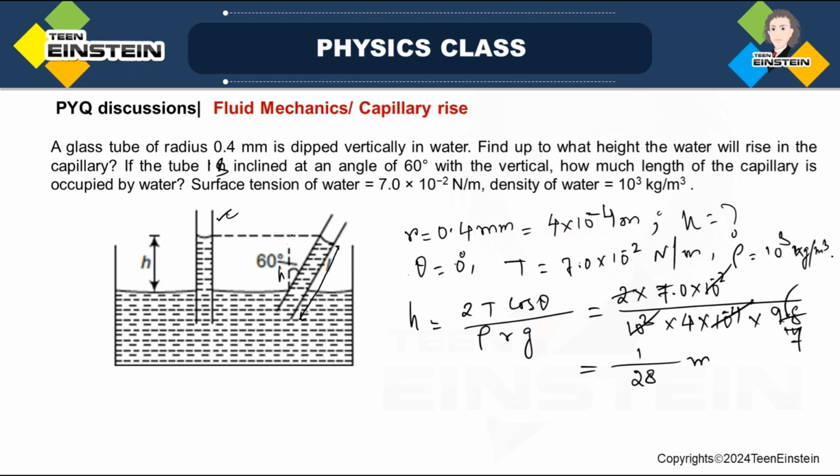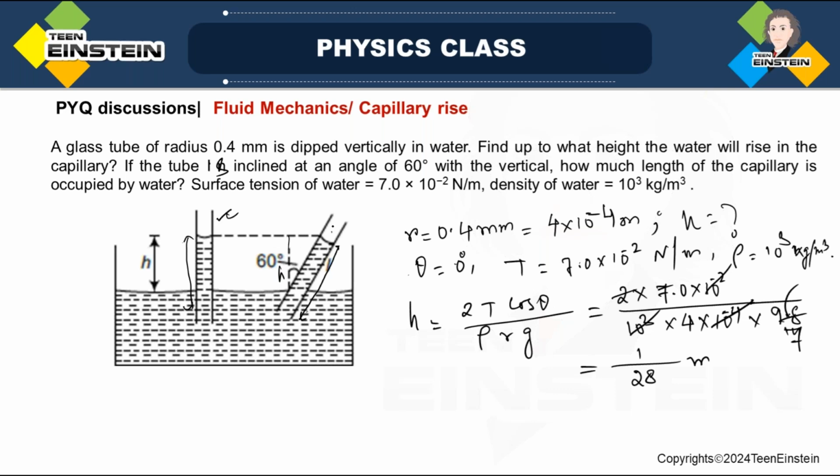The concept is that even if you tilt it, the excess pressure, atmospheric pressure, and other things all remain the same. So with tilting, the capillary rise will not be different. What gets different? Earlier this much was filled with water.